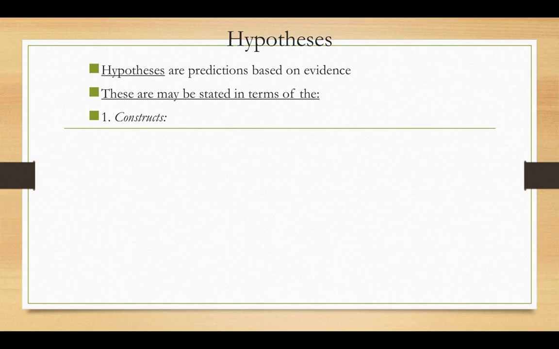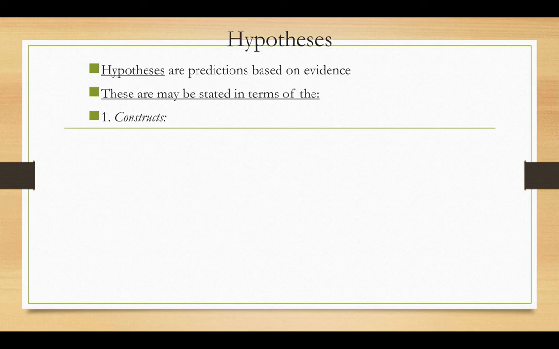So if you guys remember, on Tuesday I specifically talked about this idea of a construct. Now remind me really quick, what's a construct? Define it for me. Okay, so it's this abstract idea of what we're interested in exploring or investigating.